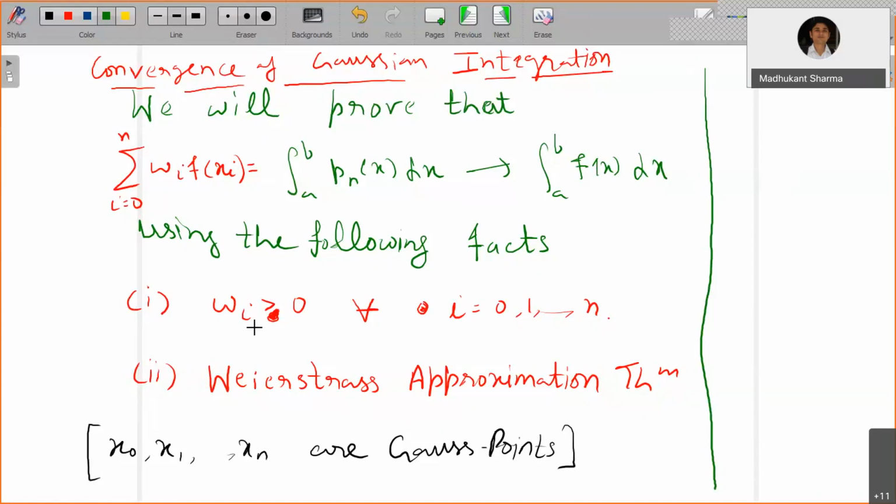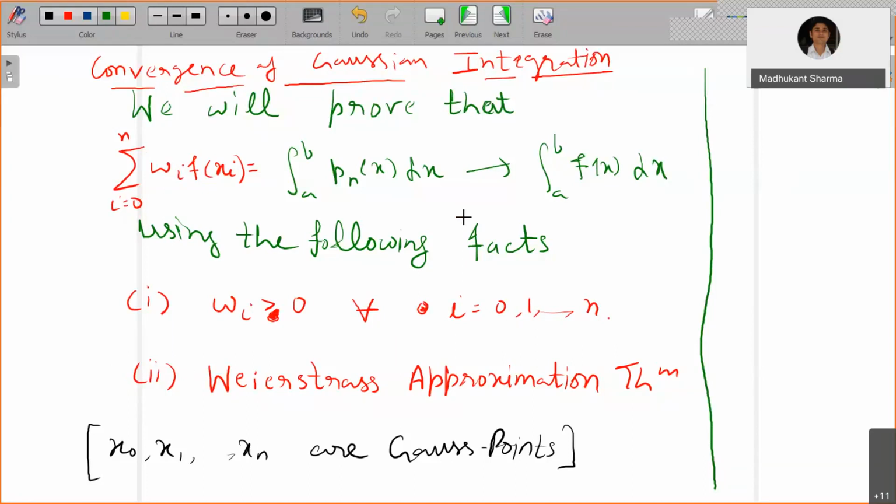Now I want to mention here the Newton-Cotes formula, where there is also summation wi f of xi. wi is integration a to b li of x dx, if you recall, for the Newton-Cotes formula. But what happens is they are of mixed sign.